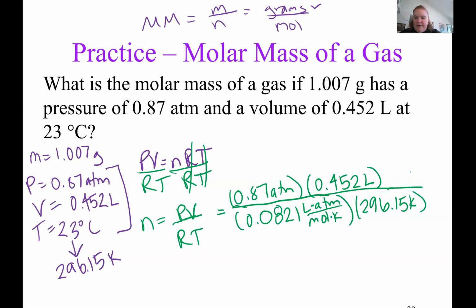All right, all of that goes in the calculator. 0.87 times 0.452 divided by 0.0821 times 296.15.